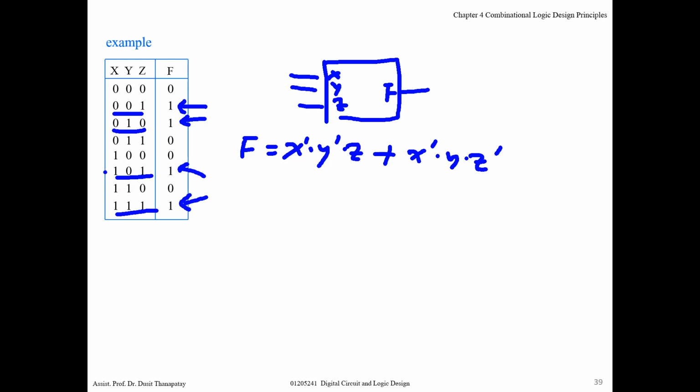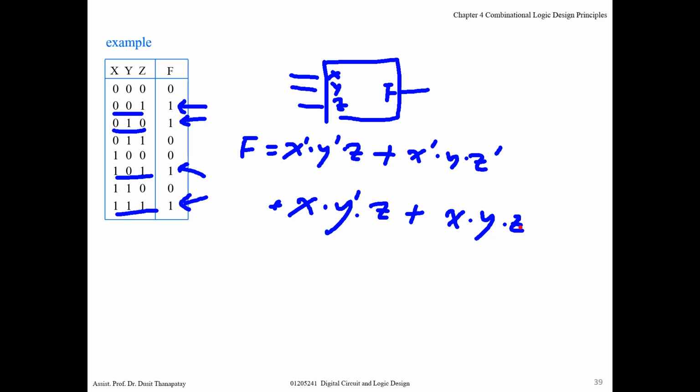The minterm of this is 1, 0, 1, so it is x and y prime and z. How about this one? This one is 1, 1, 1, so the minterm is x and y and z, right? That finishes it, so you get the function completely by writing the sum of minterms, or canonical sum.